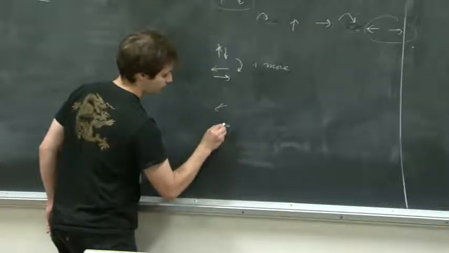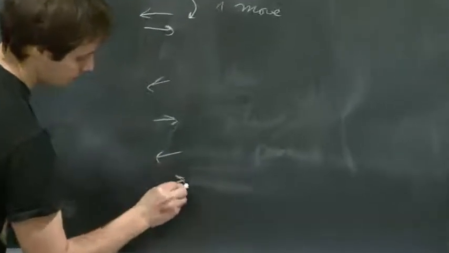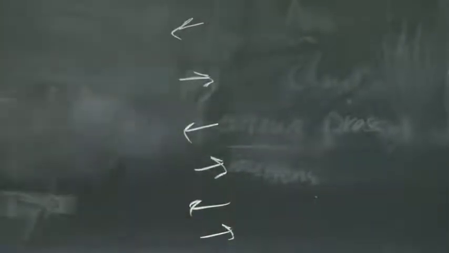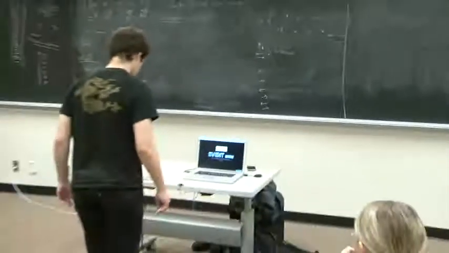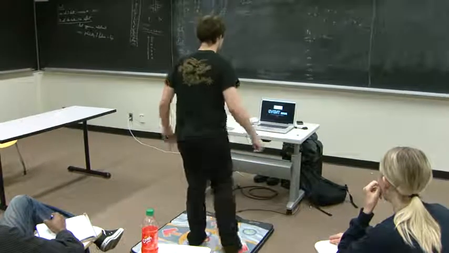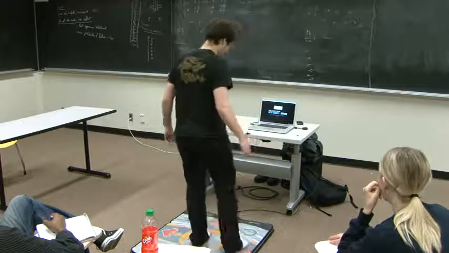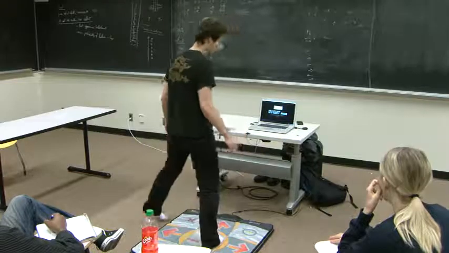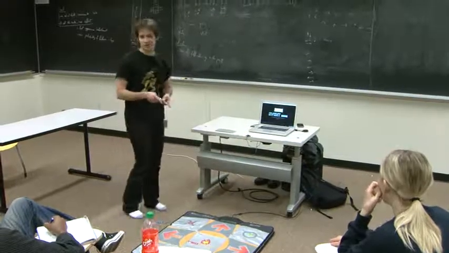Well, what if I have something like this? If there are DDR experts, I know this isn't the right way to do it, but one way of doing it is left, right, left, right, left, right. So then I have some states that account for the fact that I'm centering.